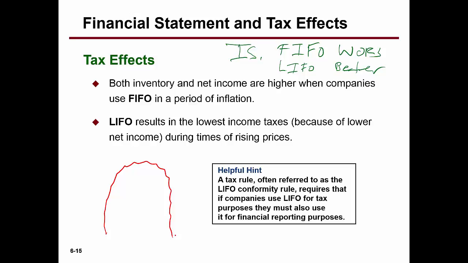But what's happening? We have the 425 ones down here. We have the 450 ones up here. And we have the 475 ones up here, right? And we're selling those for $5.